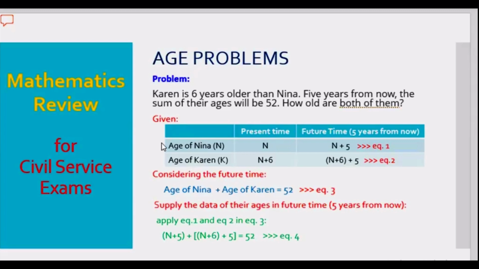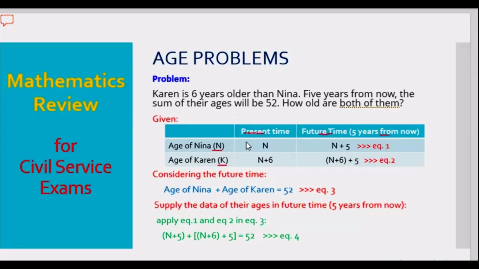So assumptions here: the age of Nina is N and the age of Karen is letter K. Okay. So from this given problem, we have two sets of times. We have the present time and we have the future time, which is 5 years from now.